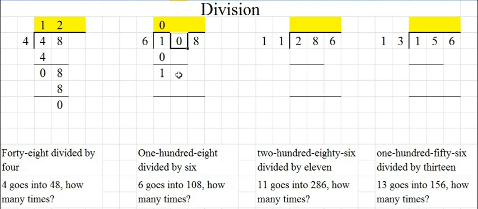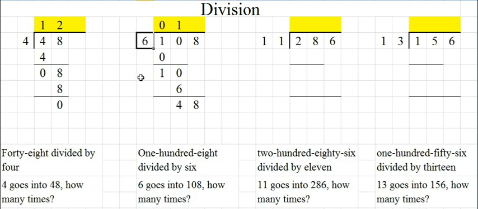Bring down this 0, and now this number looks like 10. I could say 6 goes into 10 one time. So I'm going to put 1 up there. 1 times 6 is 6. And 10 minus 6 is 4. Now I can bring down this 8 to make it 48.